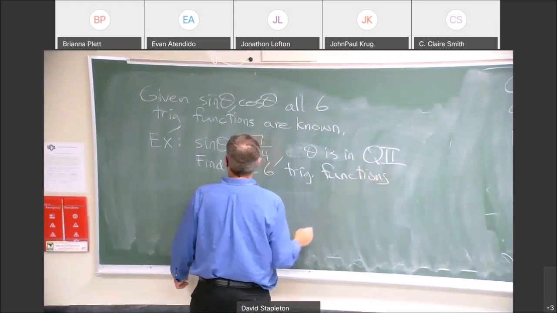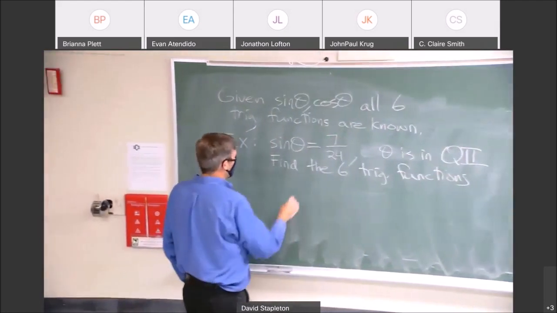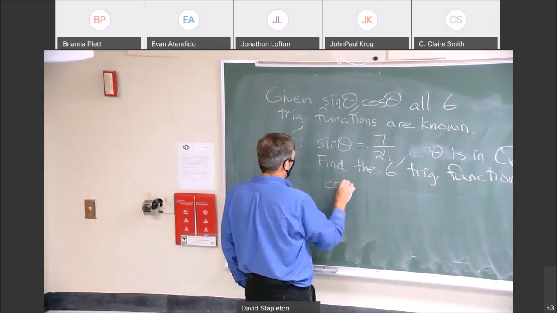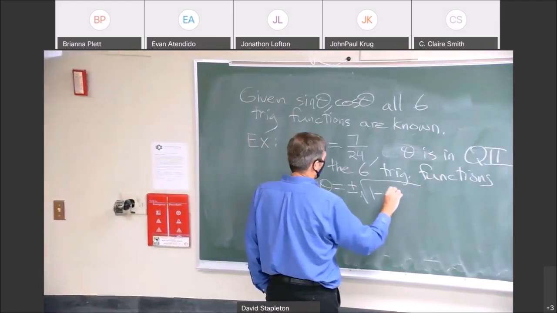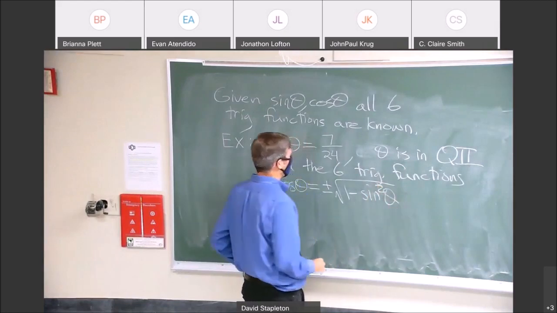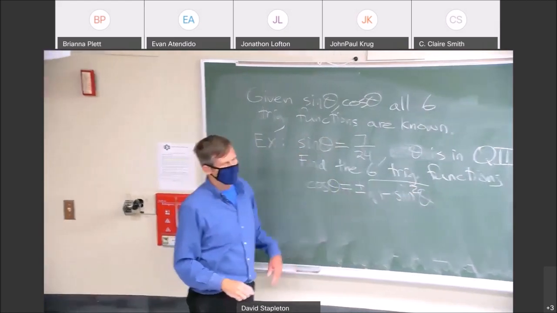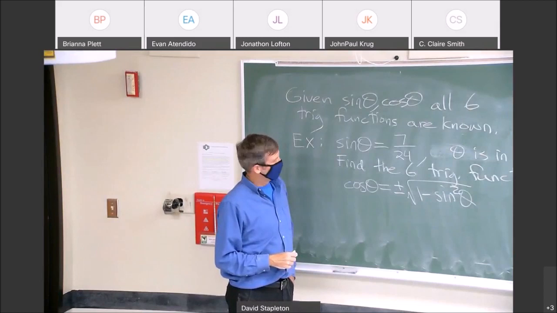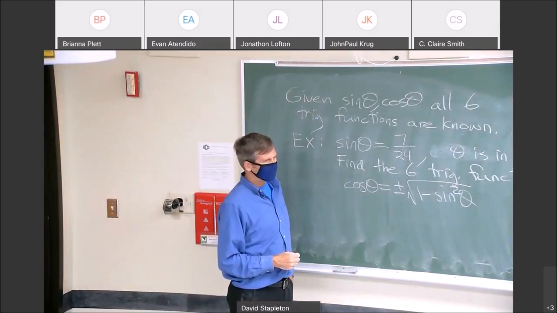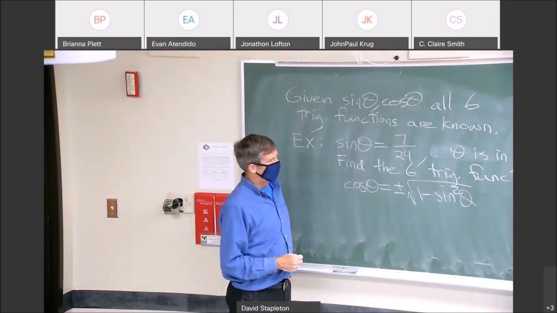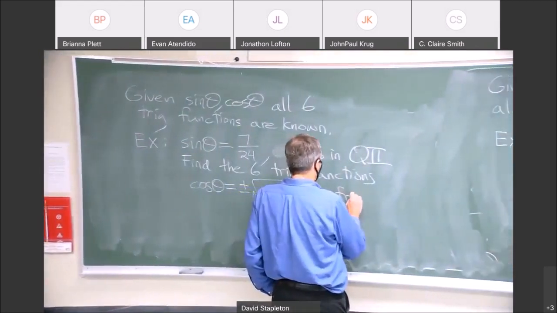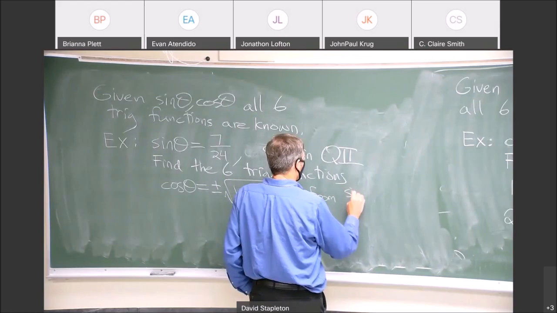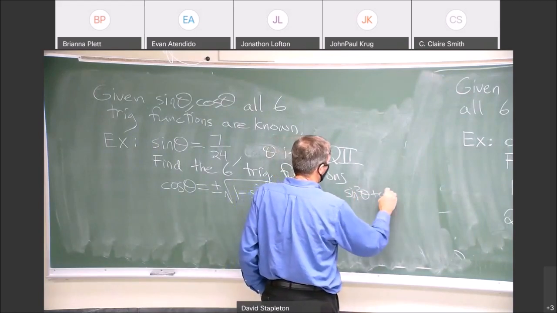This is an important identity, this Pythagorean identity. We can immediately, once we have sine, write cosine is plus or minus square root 1 minus sine squared. I often start it like this. If I'm given either sine or cosine, I immediately write the other one like that. How do I know that? Yeah, the Pythagorean identity. It's from sine squared plus cosine squared equals 1.